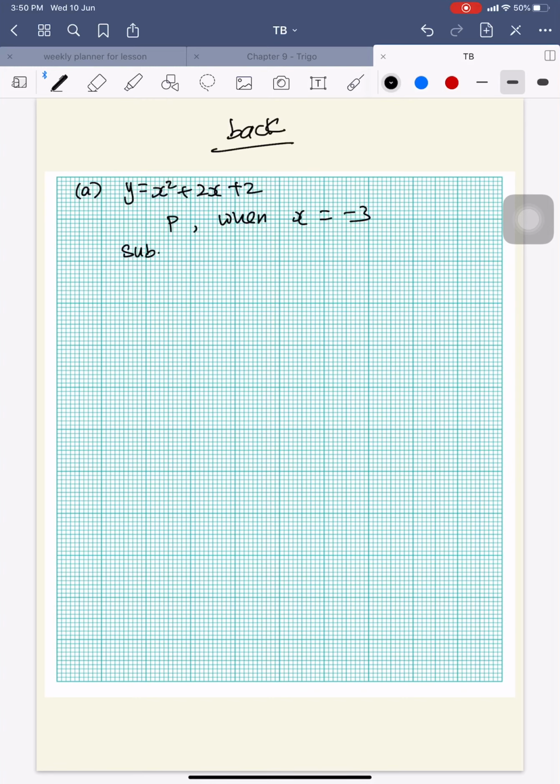So I will sub x equals -3 into the equation, and then I find P, which is your y. When you see x, you replace it with -3. Please remember to put your brackets to put the negative number. You can use your calculator here, but I will just evaluate it this way. So P is 5.